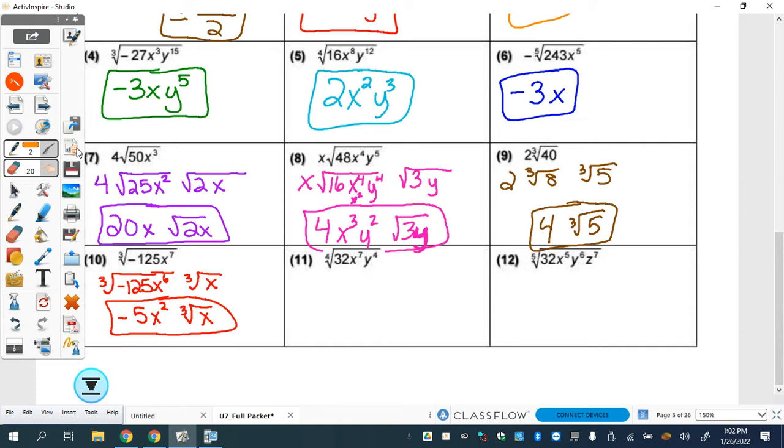Fourth root for 11 is 32, a perfect fourth? No. So what is the largest perfect fourth that goes into 32? If only there was this amazing chart that Miss Pelkey gave you. 16.